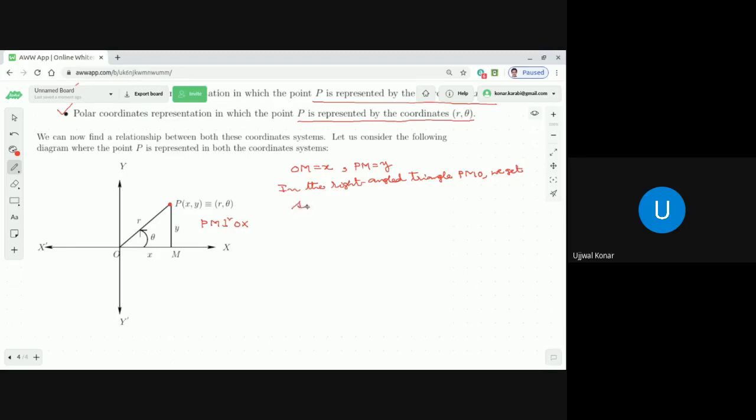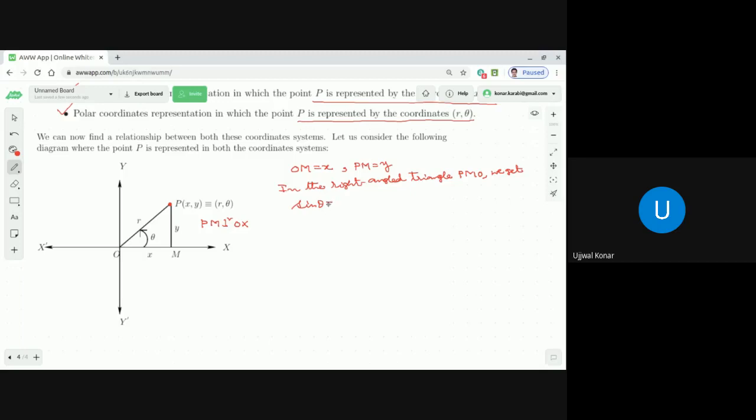and the same point P has the coordinates r comma theta under the polar coordinate system. We know what r is: r is equal to OP. And theta is the angle between OX and OP measured anti-clockwise, that is, from OX moving towards OP anti-clockwise. So what is sine theta?